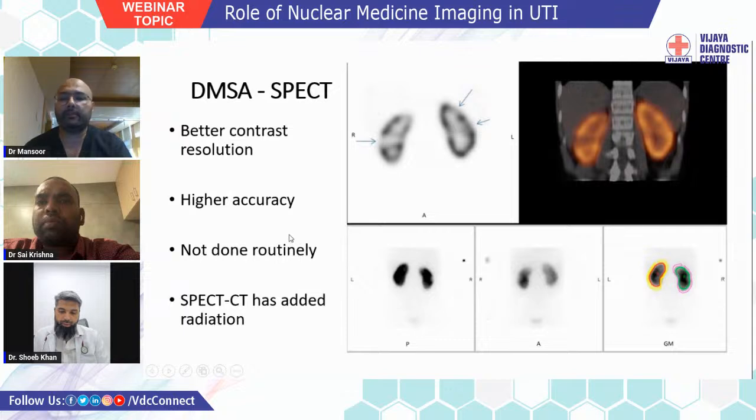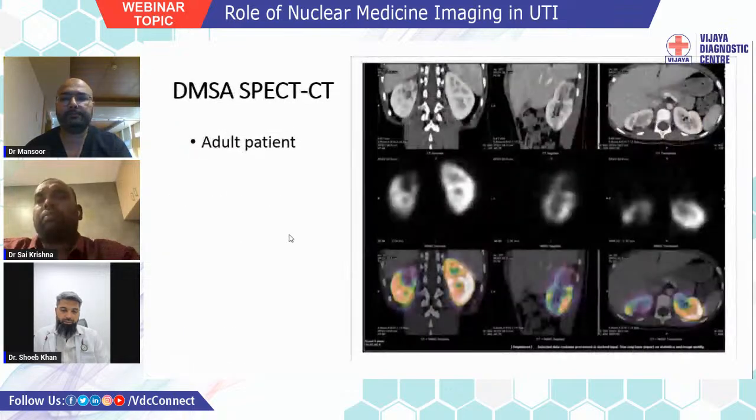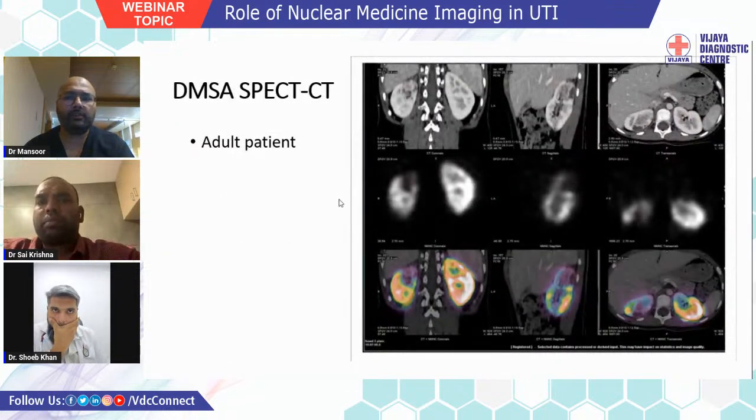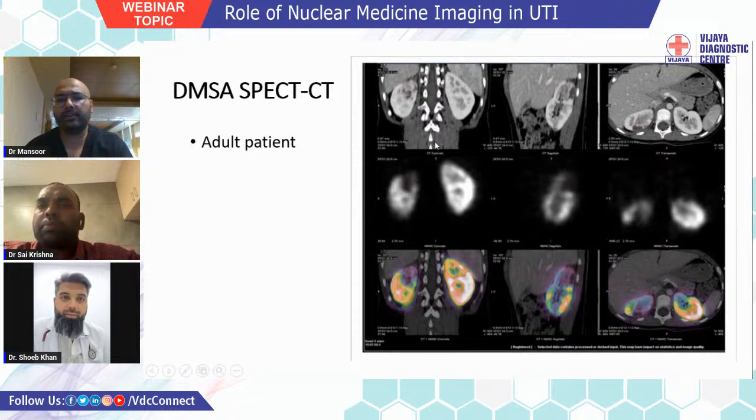The SPECT doesn't, but the SPECT CT gives added radiation. We don't usually do the SPECT. And so this is an example of an adult patient where you can see that there is a defect in the upper pole of the right kidney, which is corresponding to the DMSA scan. And if there are other lesions in the kidney, you can differentiate with the help of CT scan.